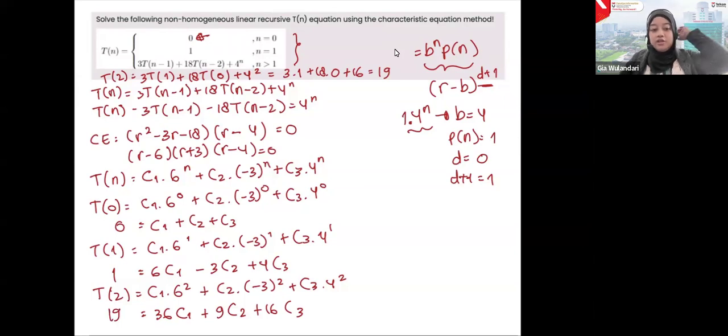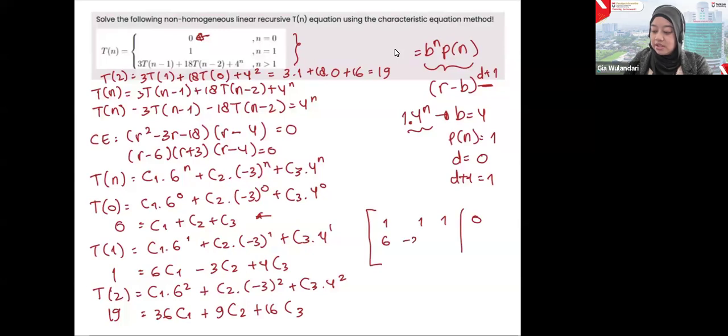Okay, so from here, you just need to do substitution and elimination, or you can also use elementary row operations, like what you maybe did in matrix and vector spaces. So you will have 1, 1, 1 equals 0, and then 6, minus 3, 4 equals 1, and then 36, 9, 16 equals 19.